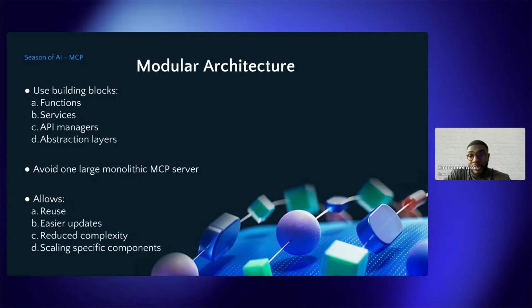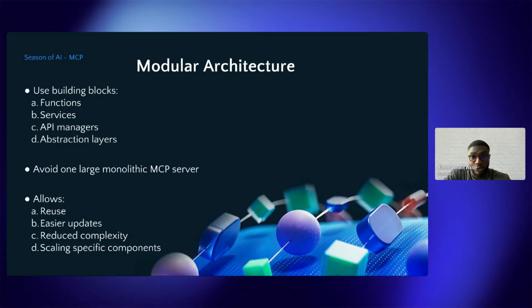And even if you're having an error to troubleshoot, you can easily spot, okay, this is where the error is coming from. But just having, let's say, 50,000 lines of code inside one monolithic code base is a disaster. So, benefits and why this modular architecture works for us.